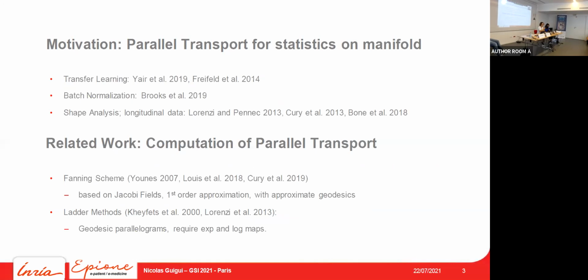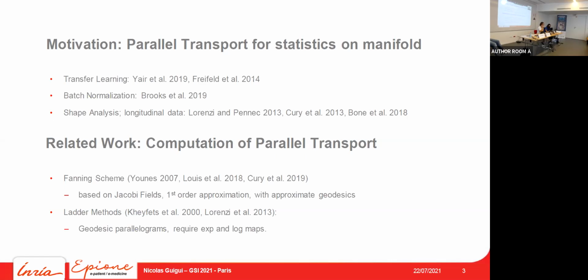It allows us to generalize many procedures, and it's been used, for example, in transfer learning or in batch normalization. In both cases, it was to map data from one point to another in order to reuse a model that was learned with data at one point. Or in shape analysis, it can be used on longitudinal data to normalize the deformations that are represented by elements of a group.